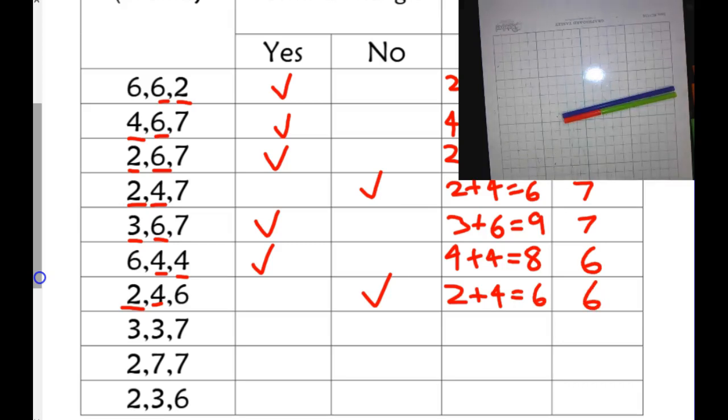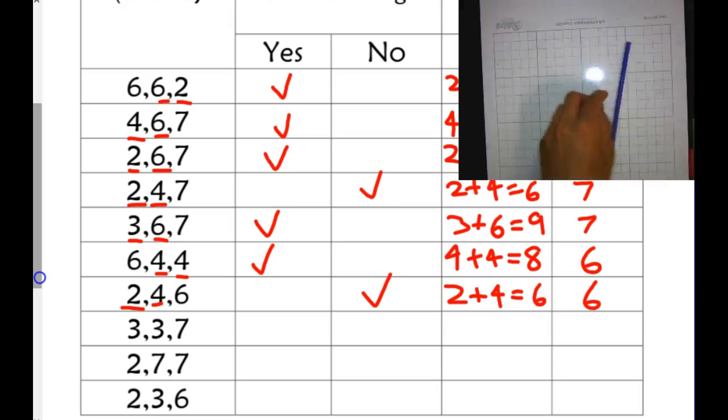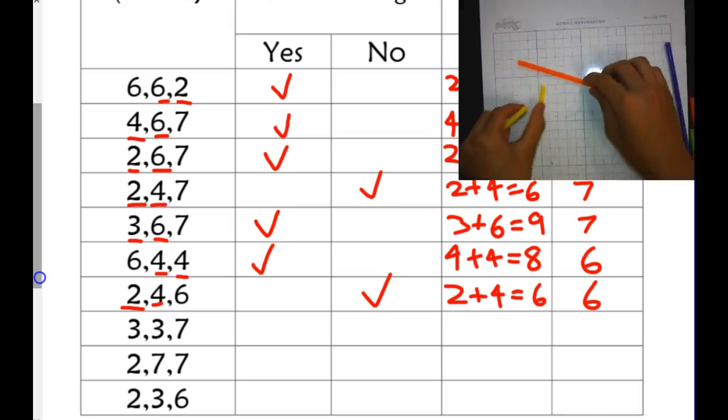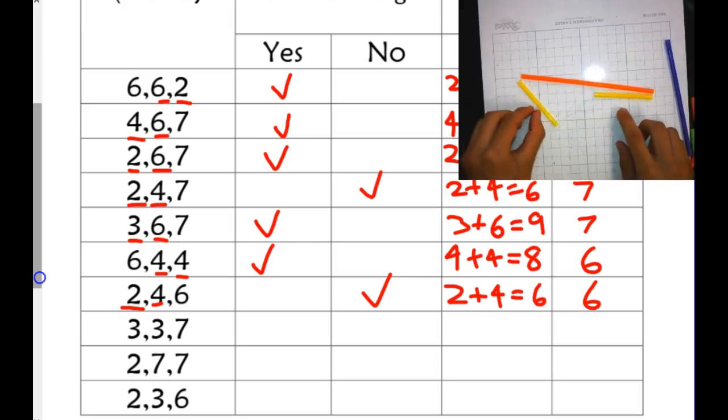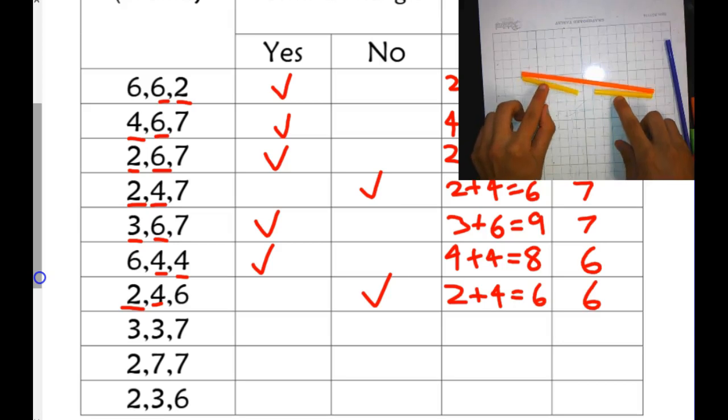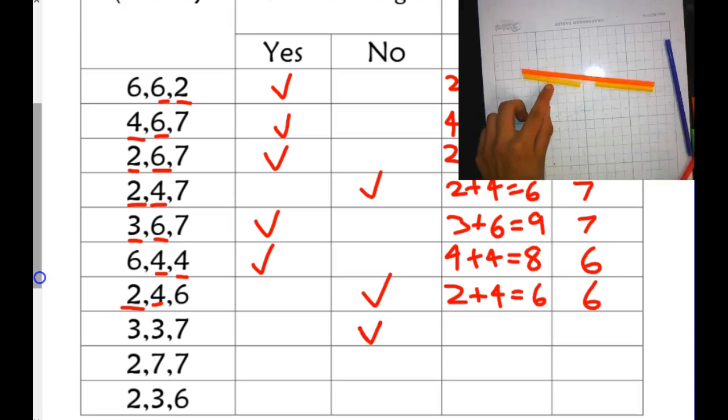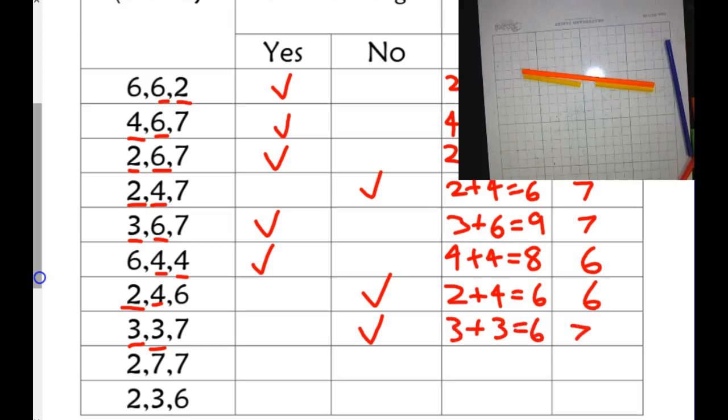Okay, 3, 3, and 7. So we got yellow, yellow, orange. Is it? Dang, that's a no. 3 and 3 are the smaller sides, so 3 plus 3 equals 6. The other side is 7. 2, 7, and 7. So red, orange, orange.